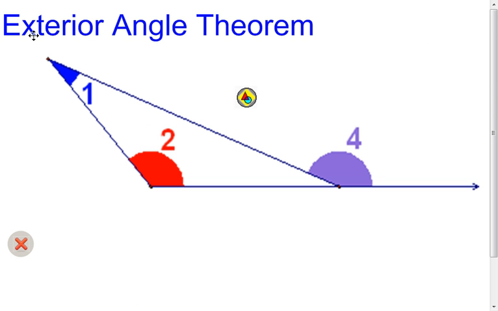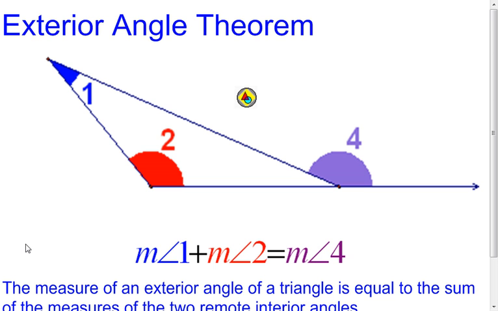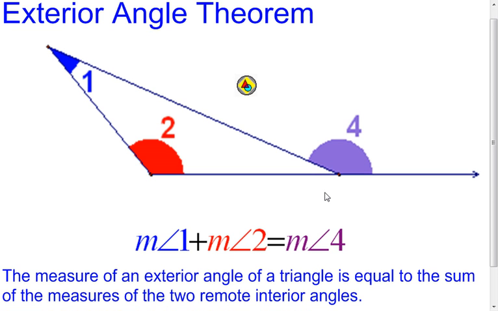Now in this one, referred to as the exterior angle theorem, we're looking at the relationship between the two remote interior angles to that exterior angle. And what this theorem tells us, that we looked at in the computer lab, is if I take the measure of angle 1 and the measure of angle 2, in other words, I add the remote interior angle measures together, it's always going to equal the measure of the exterior angle.